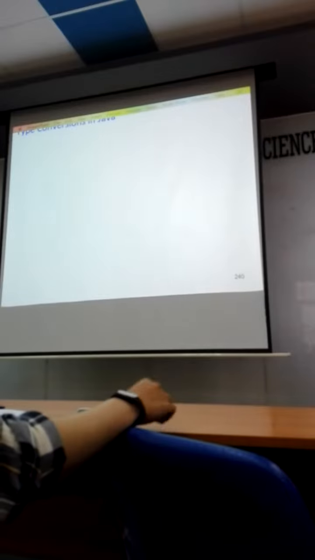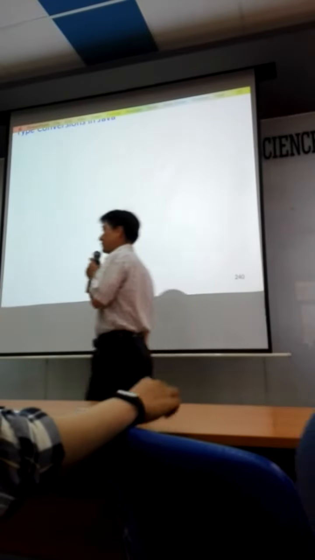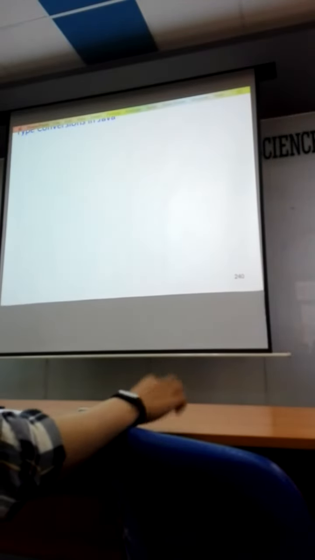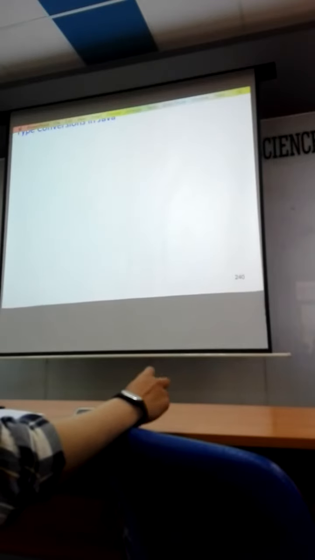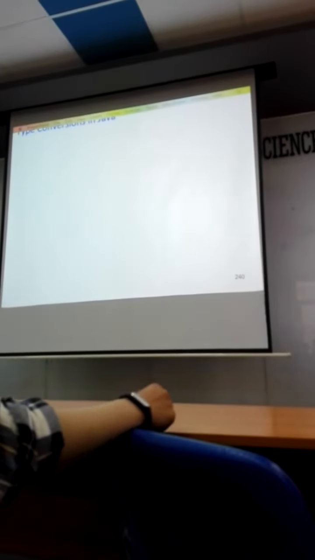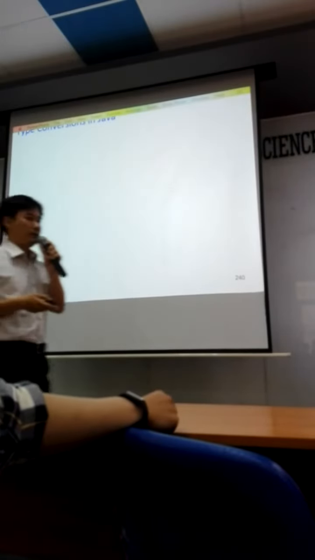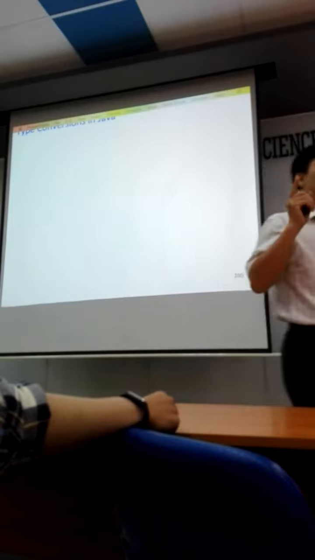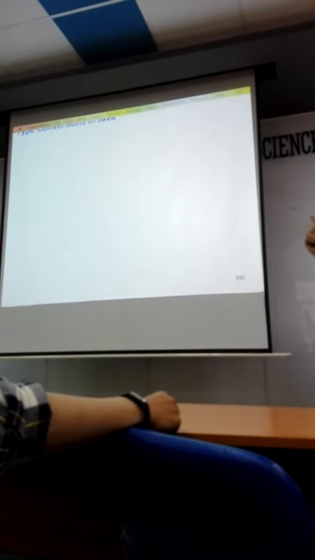Now, you all know that the type conversion rules vary from one language to another language. You know that. And in this example, we use type conversion rules in the Java programming language.